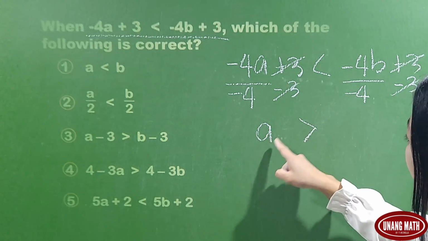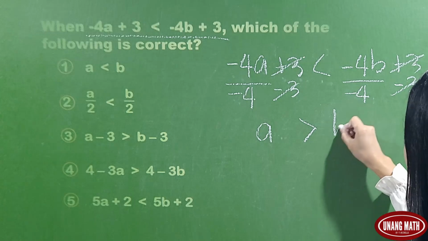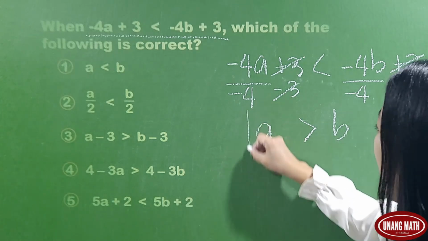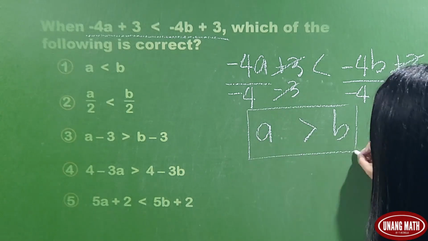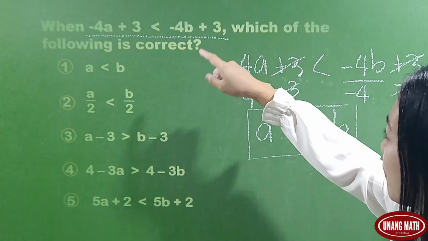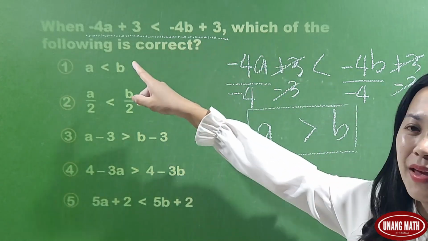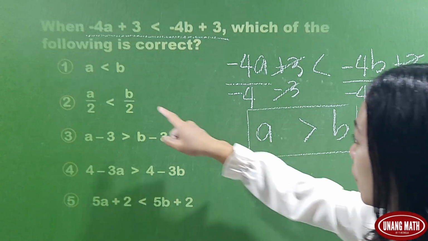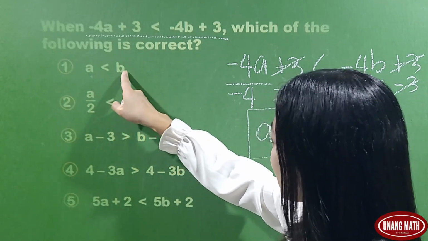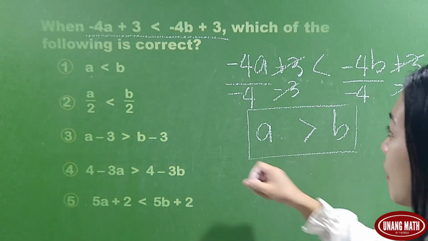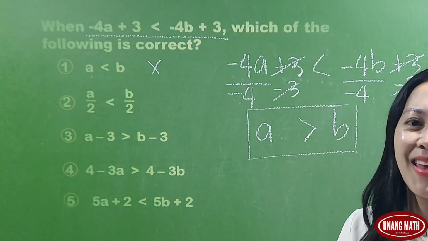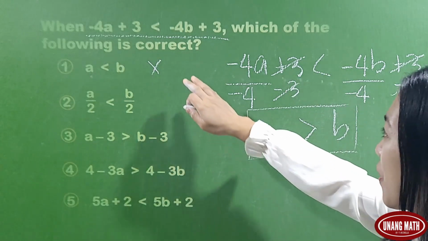So this is now a is greater than b. This is now our simplified inequality. Now, let's find out which of the following is correct. Number 1 is a is less than b, so number 1 is not the answer we're looking for.